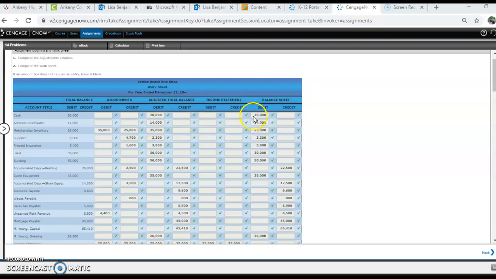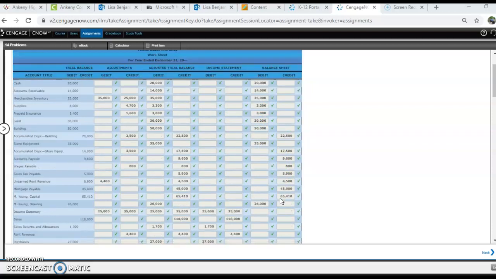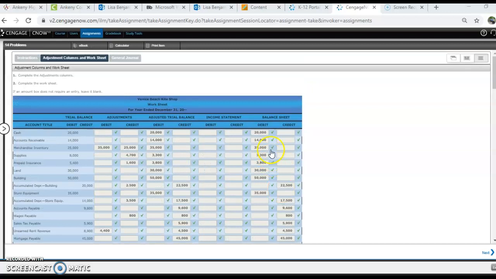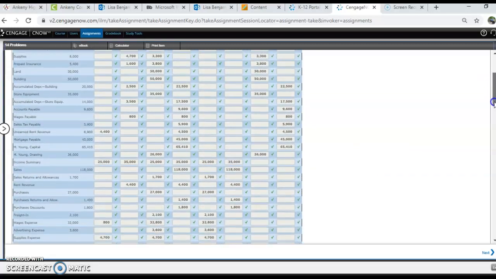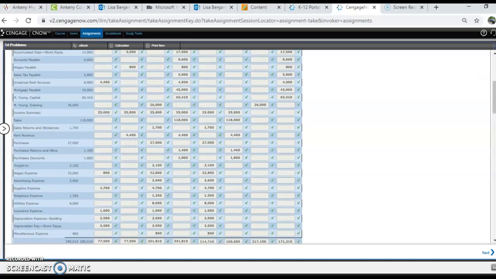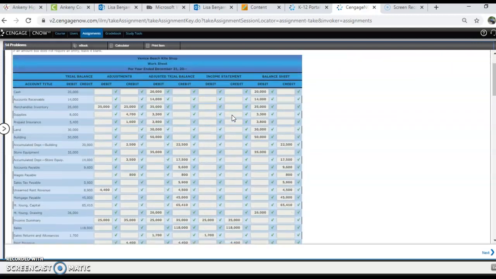Remember that assets, liabilities, and owner's equity, including drawing, all go to the balance sheet because that's the financial statement that they go to. And then our revenues, expenses, and our income summary, notice that both of those get carried forward to the income statement columns.